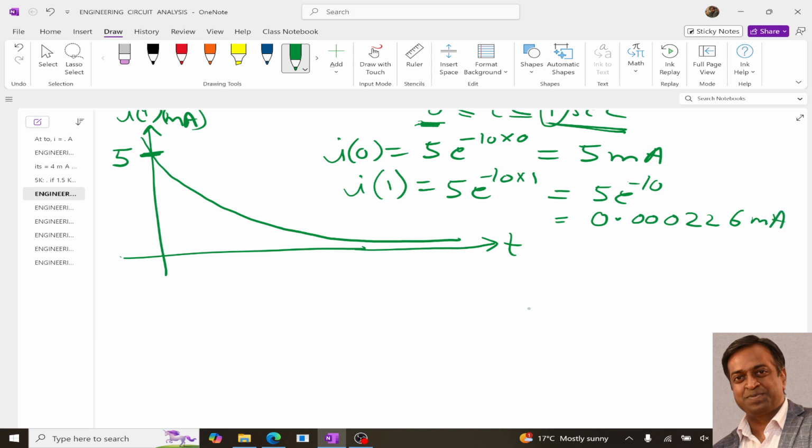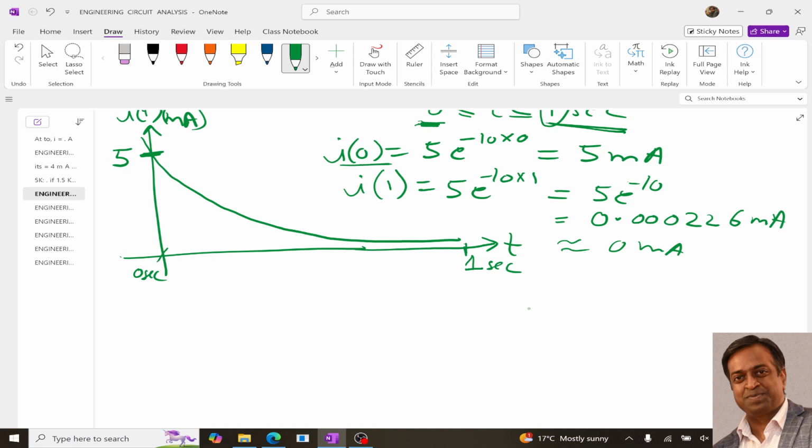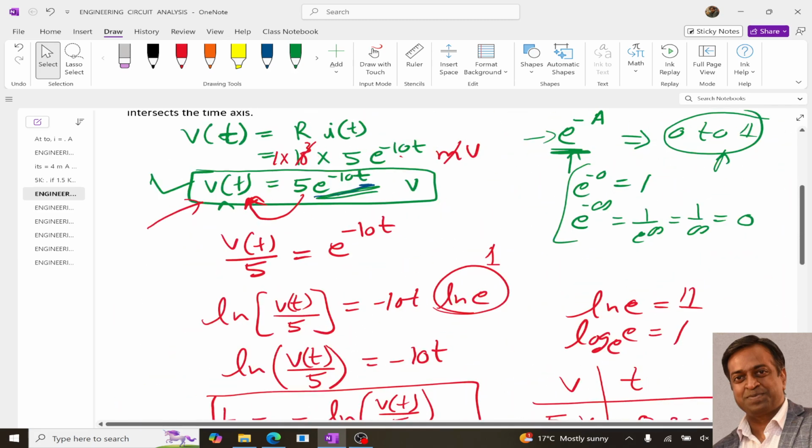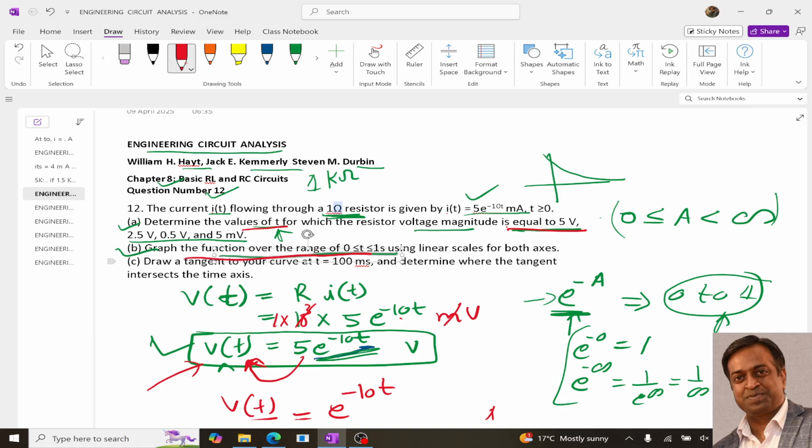So you can see it is approximately 0 milliampere. So if this is our 1 second, this is our 0 second, then our graph will be almost decayed, it will be almost 0, right? So at t equals to 0 it is 5 milliampere, and at t equals to 1 second it is approximately 0 milliamperes. So this is the graph, and this is the answer to the second part of the question, which says that we need to graph the function over this range using linear scales for both axes.